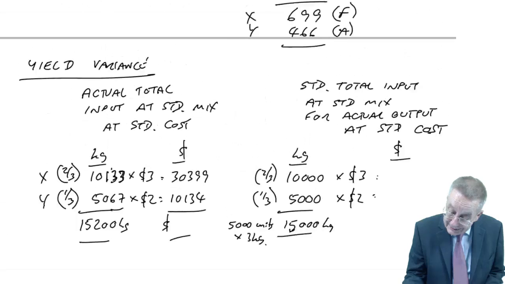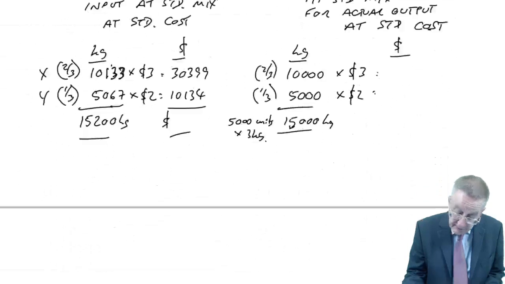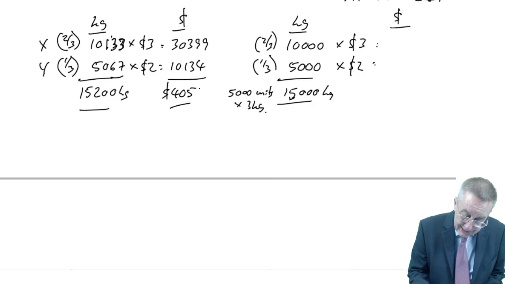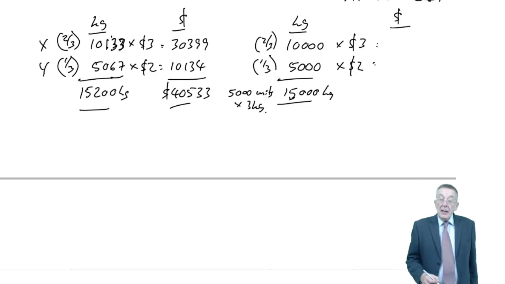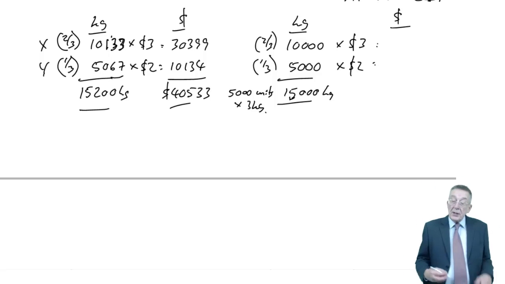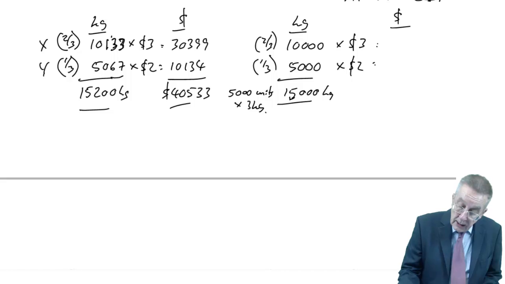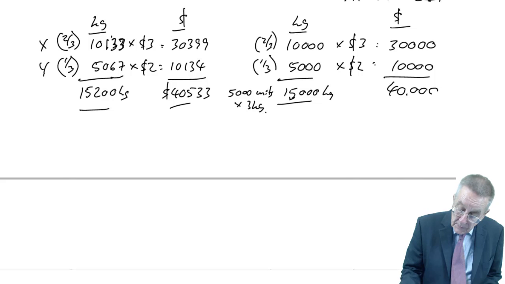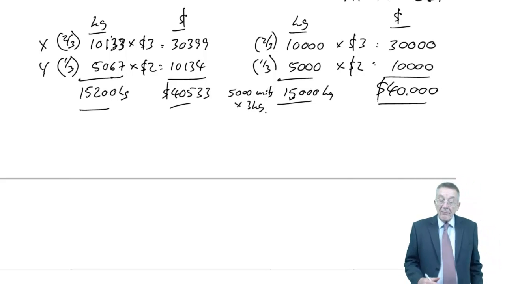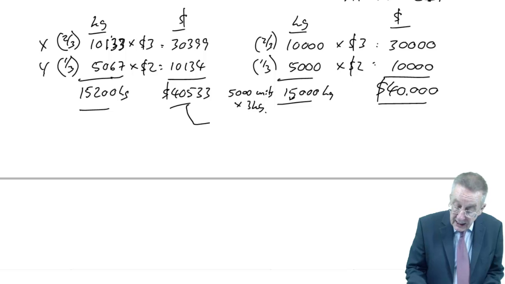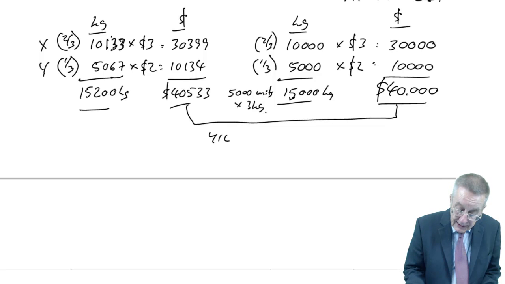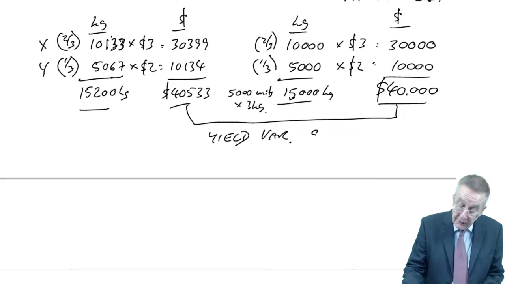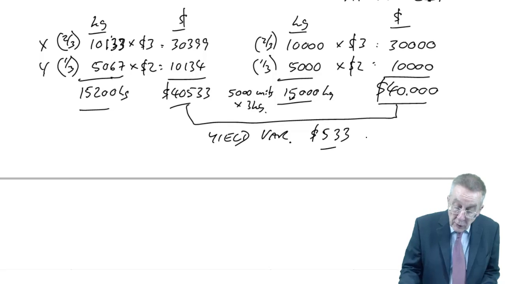And so the total, as we had before, is 40,533. Using the correct quantities would have cost 30,000 and 10,000, total 40,000. Well, the difference is our yield variance. A difference of 533.